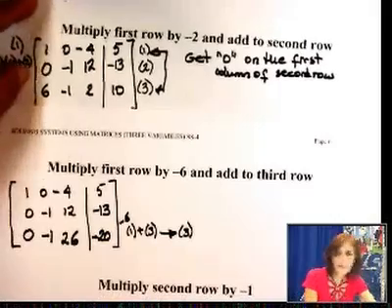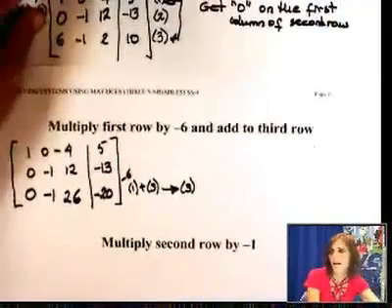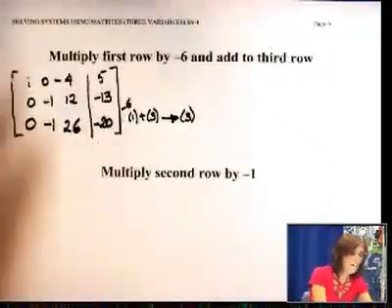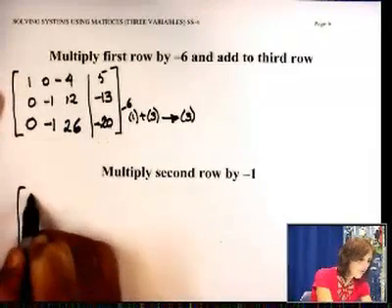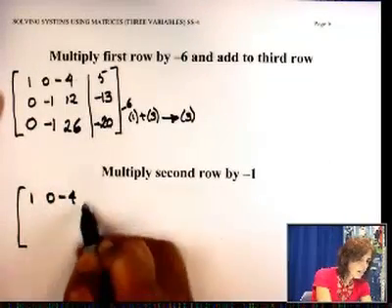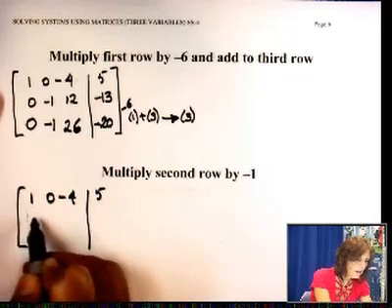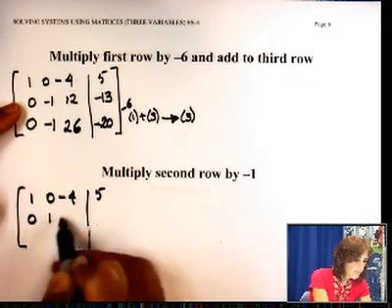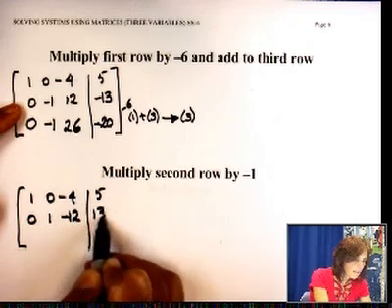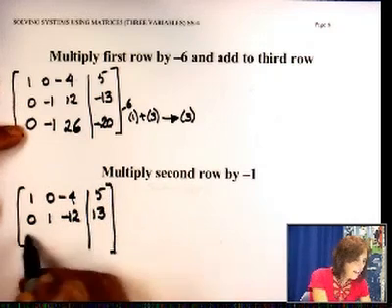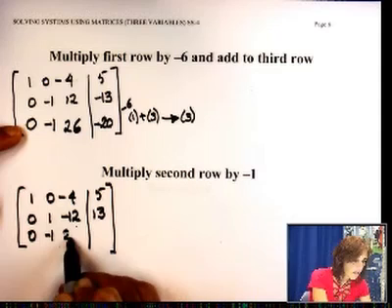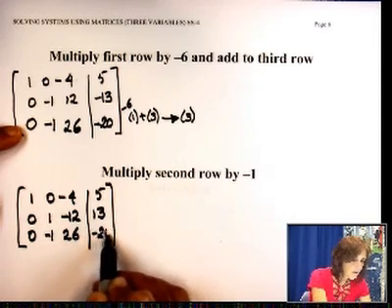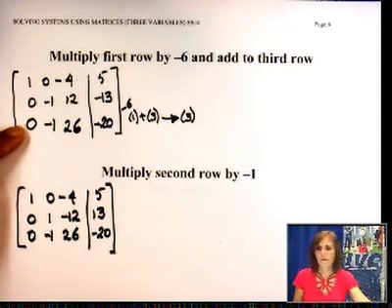Now, multiply the second row by -1. So I do nothing to the first. Hopefully I didn't make any mistake. Second row by -1, so that's going to be this. And this is what I got. All right.